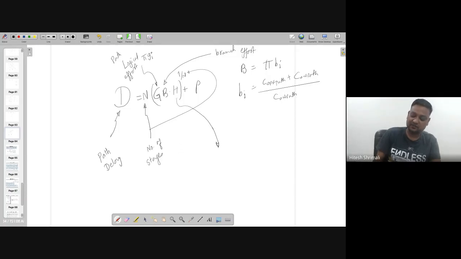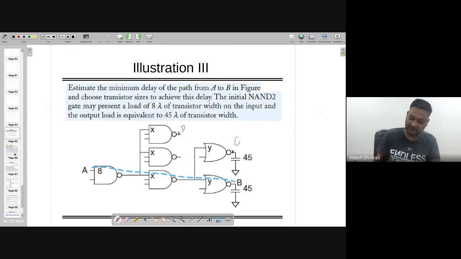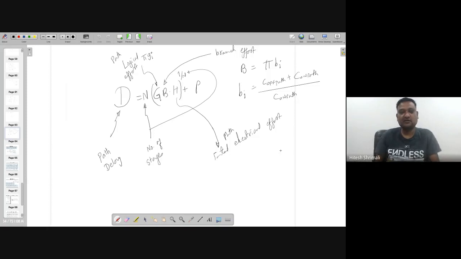And H is the total path electrical effort, which does not look at what is going on inside, but you are interested in the final load divided by the input. So 45 divided by 8 gives the path electrical effort, 45 by 8. It does not see what is inside.